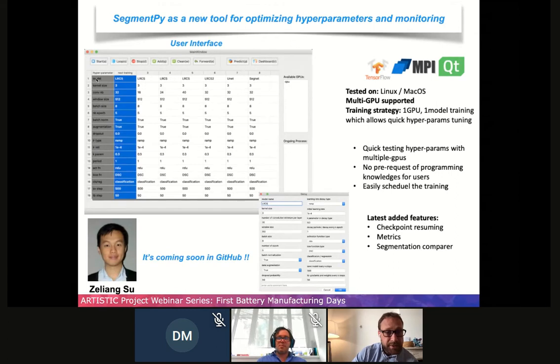For example, here you can choose your models, so the LRCSnet, but also UNet or SegNet. Your kernel size, your batch size, a number of epochs, and if you want to put a dropout or not. So all these parameters can be set and tuned with this interface, which is very interesting.